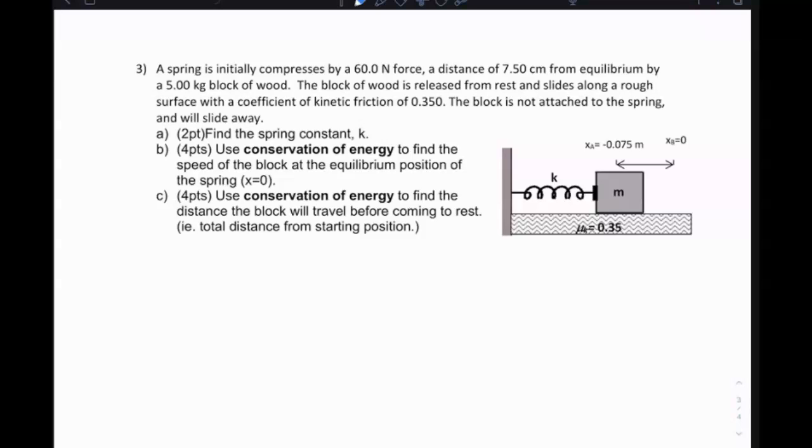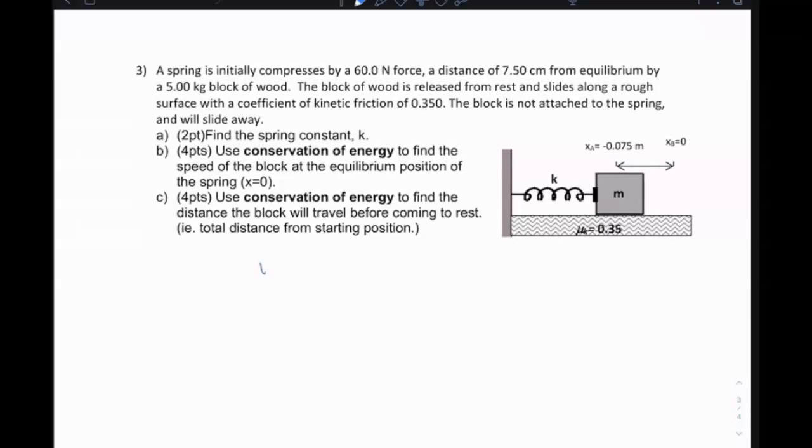So if we were to write a conservation of energy equation describing the motion, we would say that the work done by the friction, which we know is equal to minus F_k d, because the friction is acting in this direction as the block moves towards x equals 0.